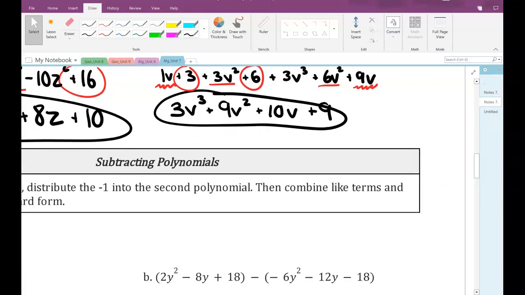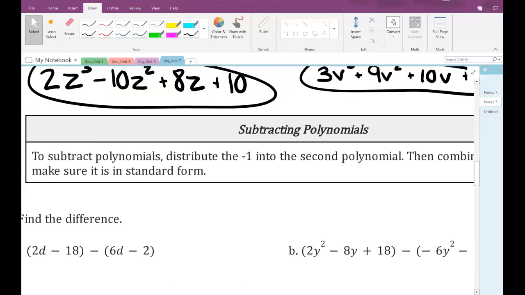Subtracting polynomials, there's kind of one little hiccup we got to always account for. To subtract polynomials, we're always going to have to distribute the -1 into the second polynomial. Then we can combine like terms and check that it's in standard form.